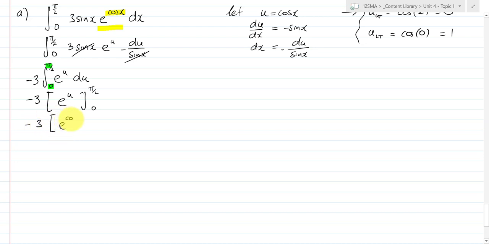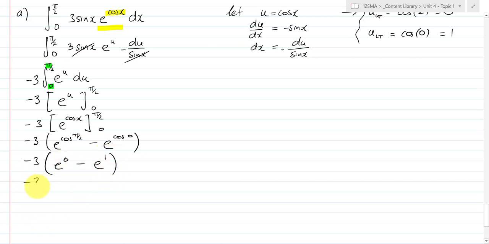So it's e to the cos x between pi on 2 and 0, and this is equal to negative 3 times e to the cos pi on 2 minus e to the cos of 0, and that's equal to negative 3 times, cos of pi on 2 is 0, so it's e to the 0 minus e to the 1, and that's negative 3 times 1 minus e, and we expand the negative and we get 3e minus 3 as our definite integral.